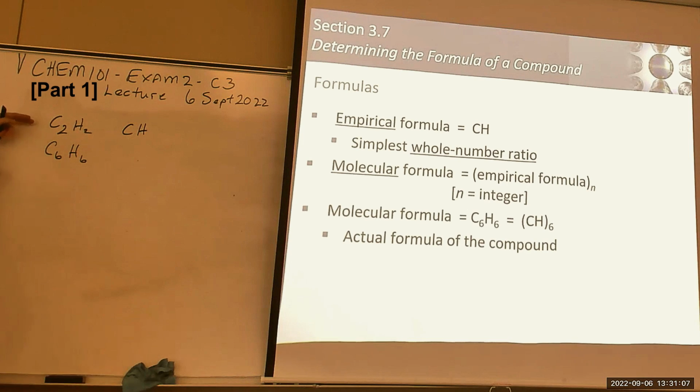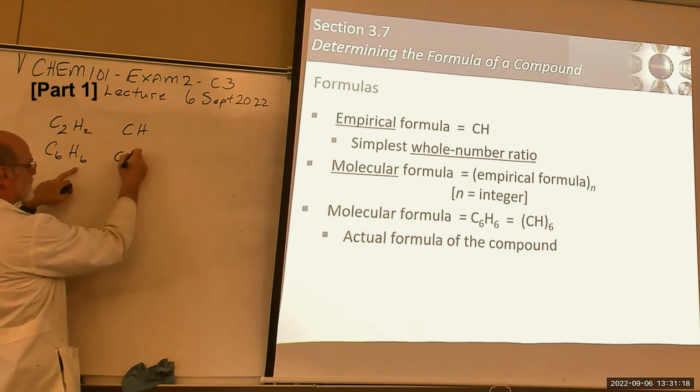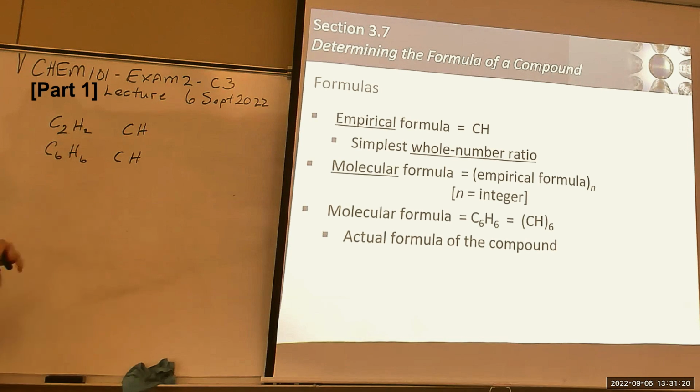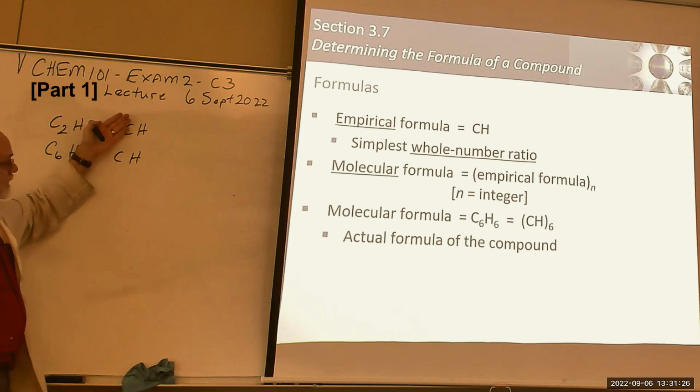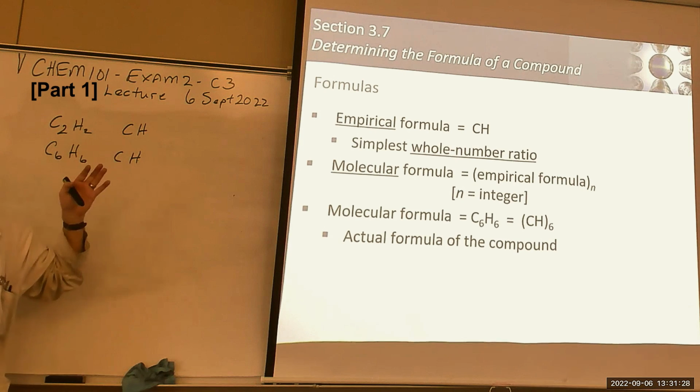You can divide through by 2. Divide that by 2 is 1, divide that by 2 is 1. 1 and 1. How about this one? You can divide this one by 6. 6 into 6 is 1. 6 into 6 is 1. So they have the exact same empirical formula. Now, if we just have this information, that doesn't help us much.